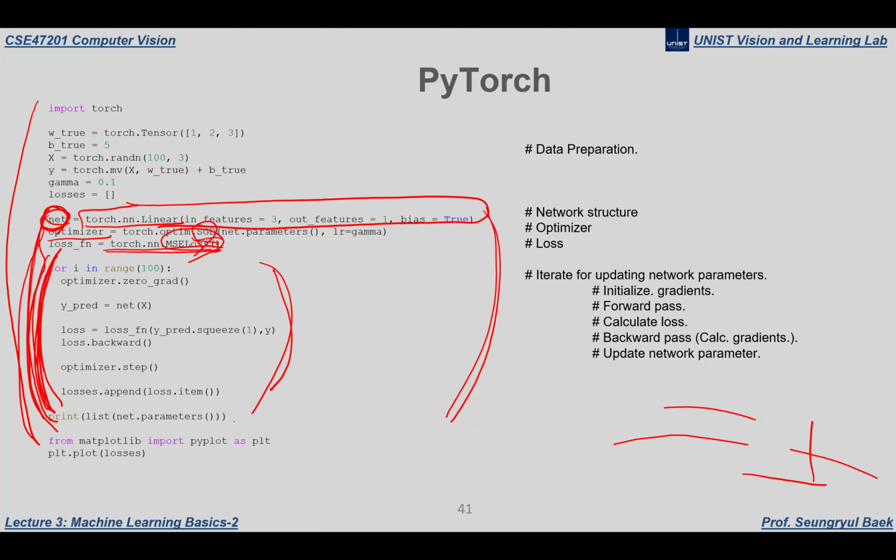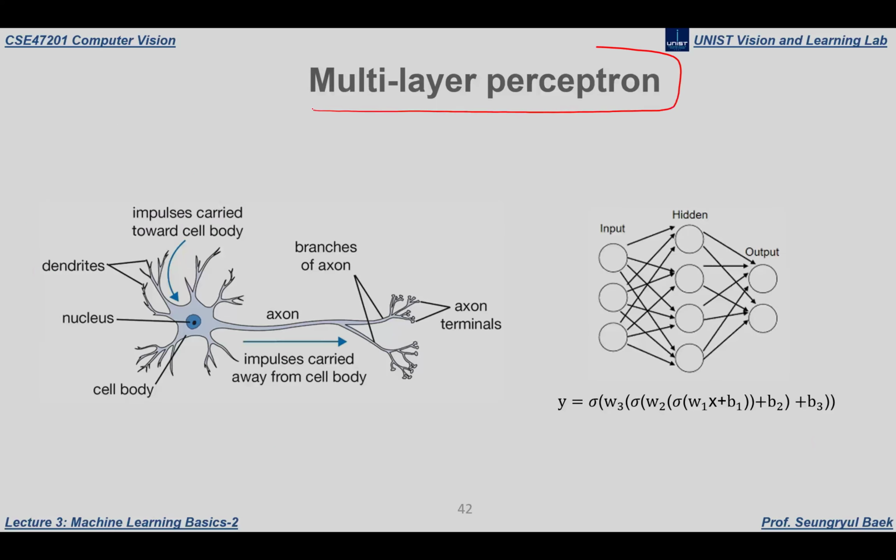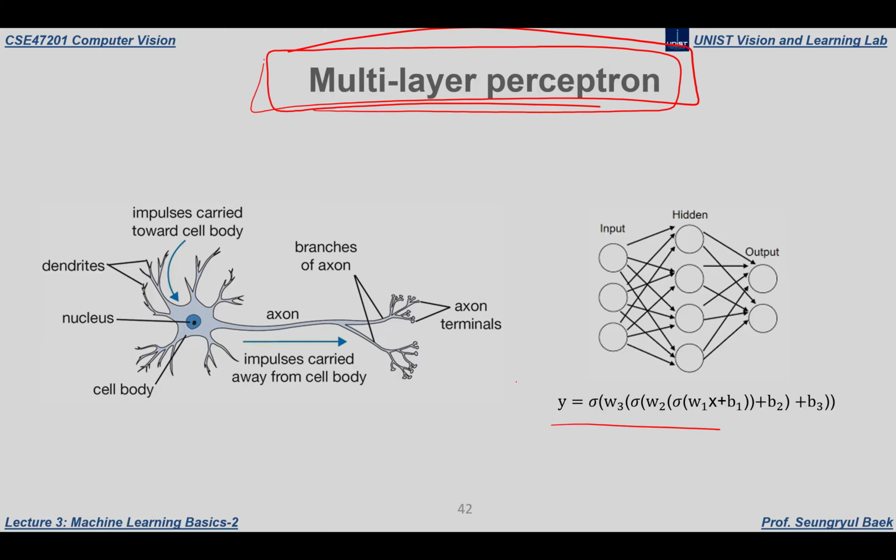Okay, and then you will indeed learn this multi-layer perceptron on Wednesday. And this has the structure that stacks multiple linear layers. Okay, so you will see to get Y, this X is the initial X input.